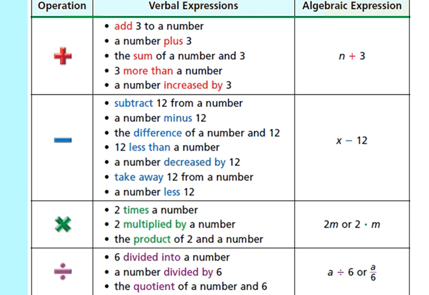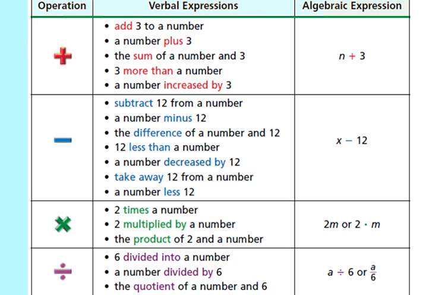And then for subtraction, we have subtract, minus, difference, less than, decrease by, take away, less, and there are more words than these. But notice how all those verbal expressions create the same algebraic expression, x minus 12. So take a minute, read through those, and study those.